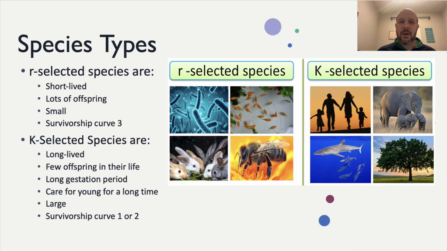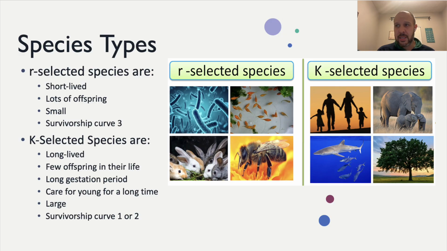The species fall into two types of categories, and it really just depends on how they grow. So the first one is R-selected species. The reason why they're called R-selected species is because their growth rates are tied to exponential growth. And if you've dealt with exponential growth equations, R is that growth factor. And so being tied to exponential equations means that R-selected species generally grow really, really fast.